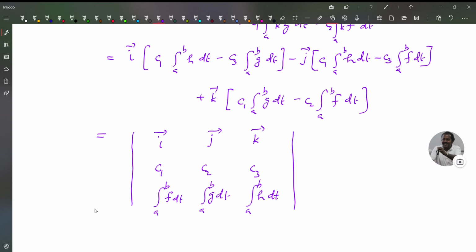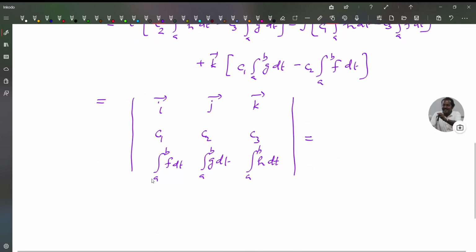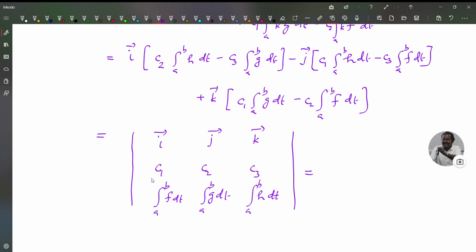So you can verify this. i into c2 integral h minus c3 integral g, minus j into c1 integral h minus c3 integral f, plus k into c1 integral g minus c2 integral f.